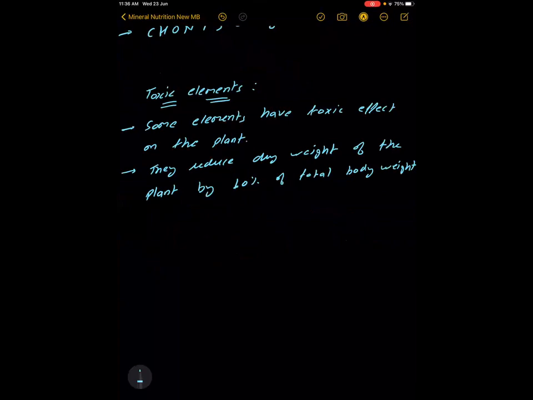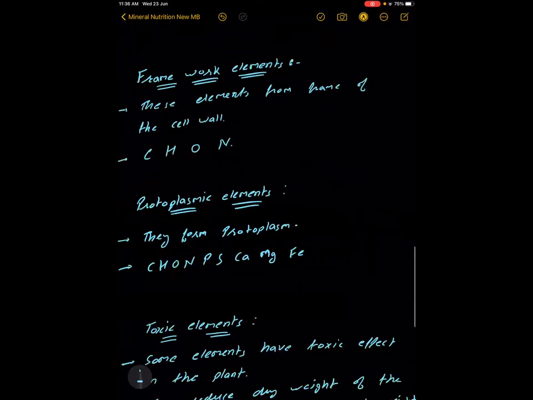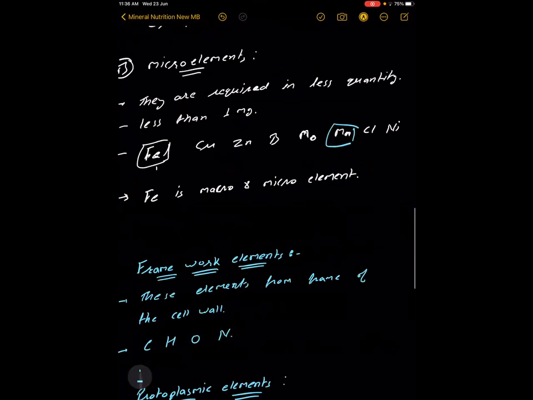One more important point here. Actually, manganese is categorized as a micronutrient, a micro element, a micro mineral. It is essential.